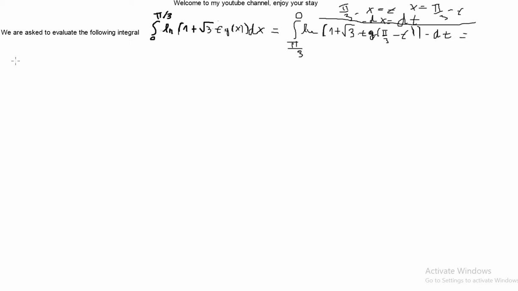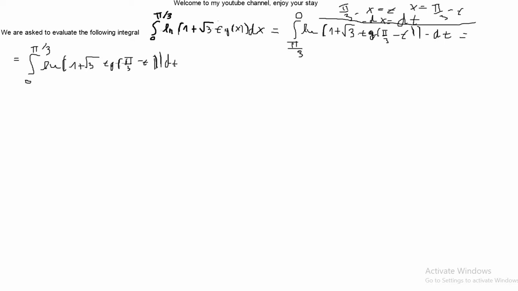We will use the negative sign to flip the boundaries, so we get the following: an integral from 0 to pi over 3 of ln of 1 plus square root of 3 tangent of pi over 3 minus t, dt.